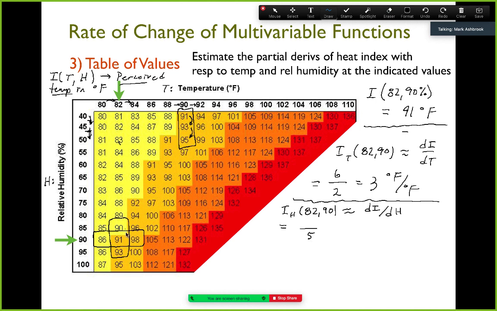And then we have an increase of 1 in index, an increase of 2 in index, so 1.5. And I think that's, what is that, 0.3? And that's degrees Fahrenheit perceived per percent.